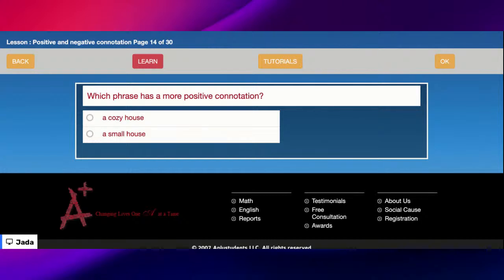Ask your questions because we're done here now. If you've not done this lesson before, try to complete the lesson, okay? But if you've done the lesson, it's okay. No need to complete.